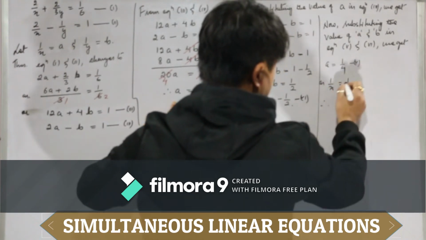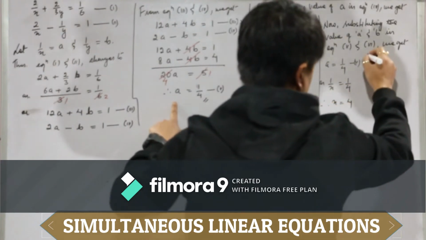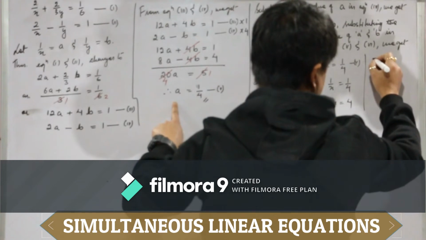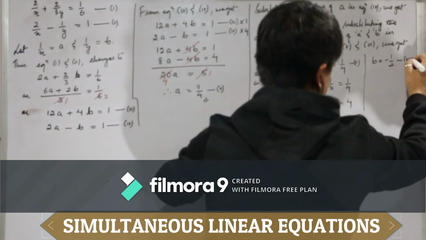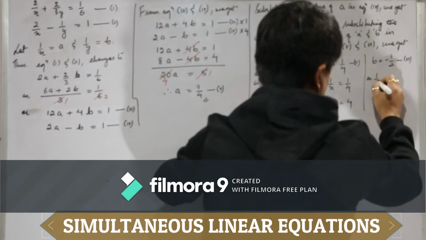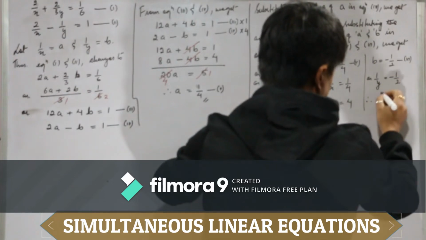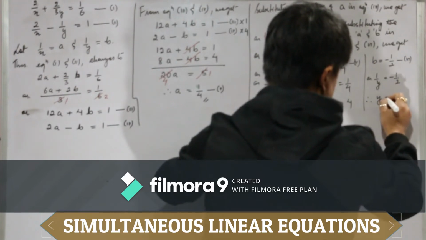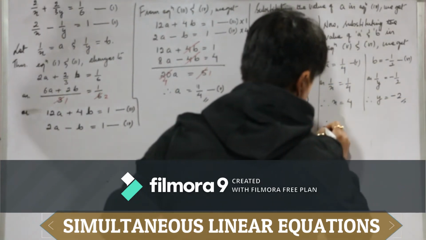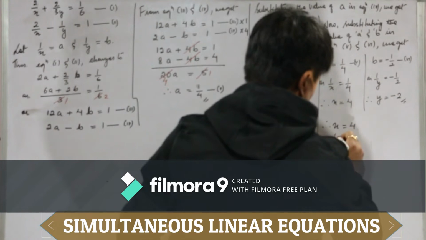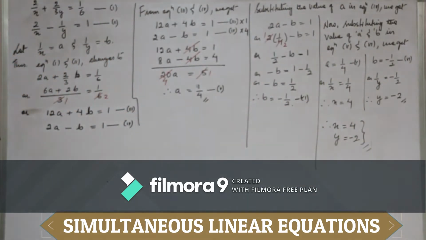If you do the cross multiplication, x into 1, x is equal to 4 into 1, 4. Or b is equal to minus 1 by 2, this is your equation 6, or b is 1 by y is equal to minus 1 by 2. Therefore, cross multiplication, 1 into y is y is equal to 2 into minus 1, minus 2. So, therefore, x is equal to 4, y is equal to minus 2. See, here also we are getting the same answer.